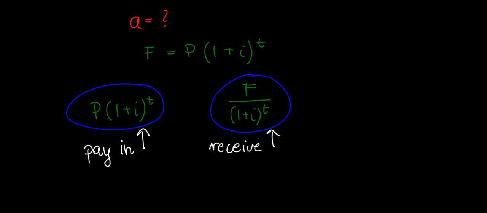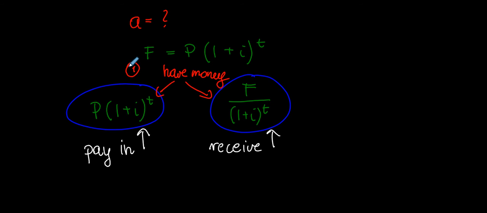Let's not forget that this is the situation from the point of view of who has money. So the first thing, we have to identify who has the money. Is it us or is it the bank?